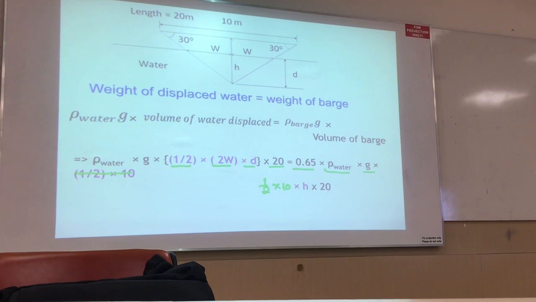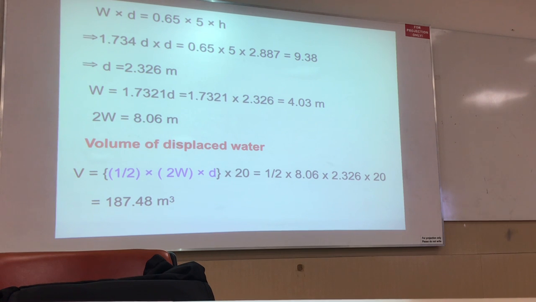Okay? Now I go to the next slide. Then I can find W times D, 0.65 times 5 times H. Then I substitute the value of W, which is 1.734 D. So D is 2.236 meter.